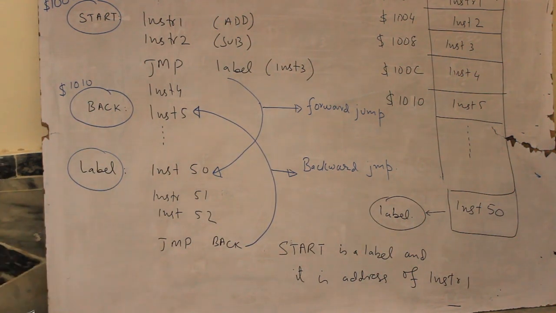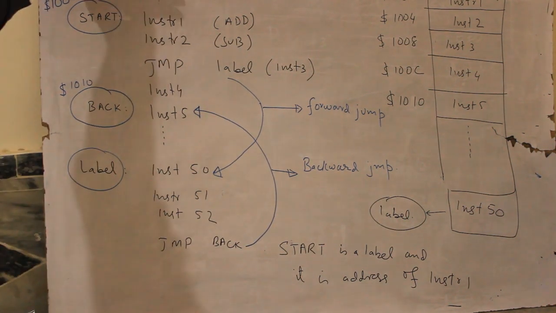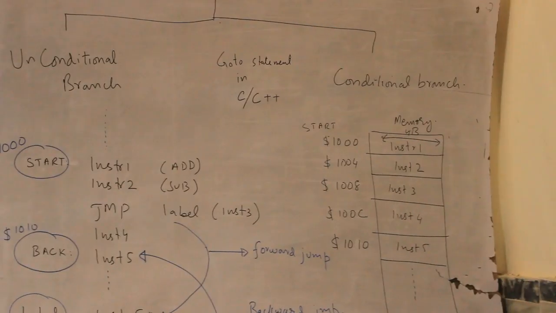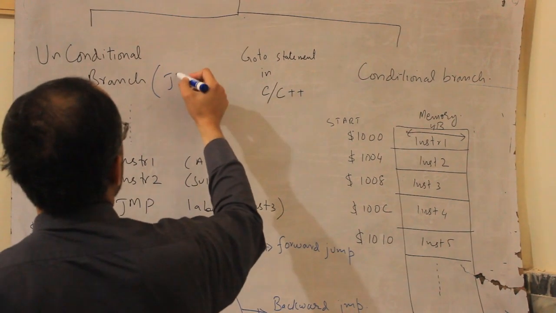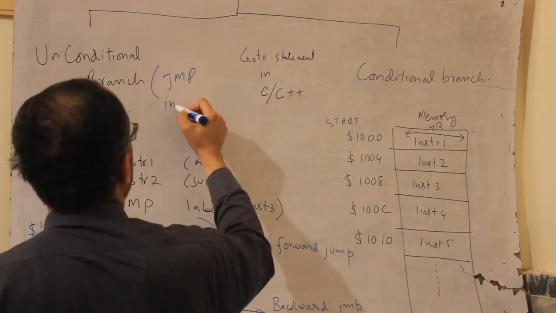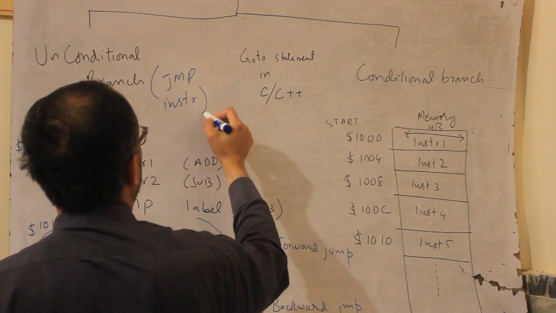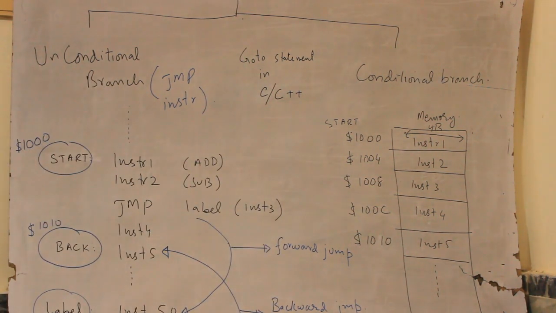It will not check any condition. Therefore this is an example of an unconditional branch, and the example of an unconditional branch is the jump instruction.